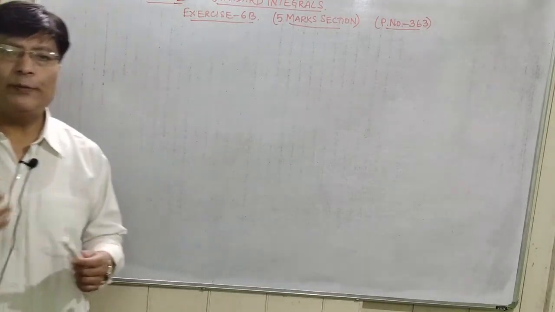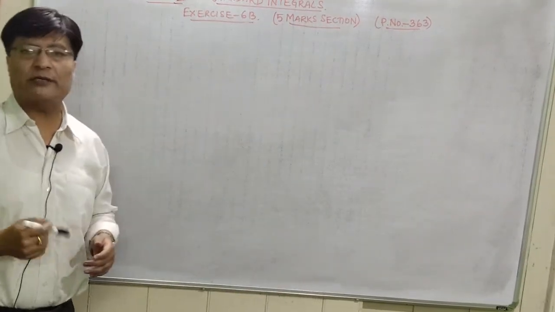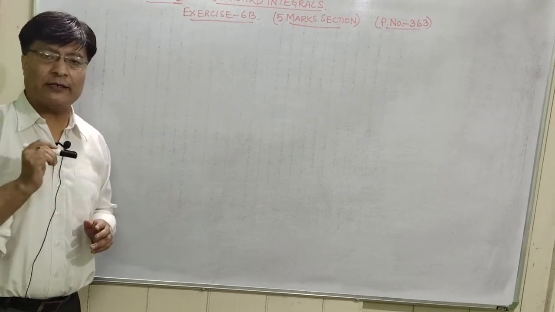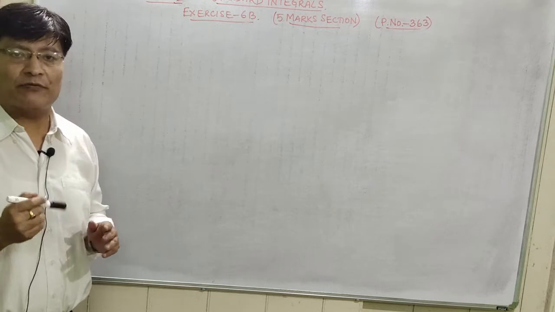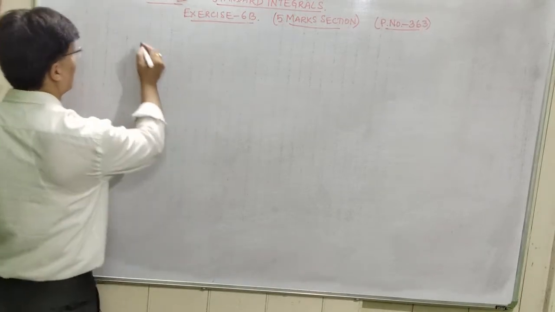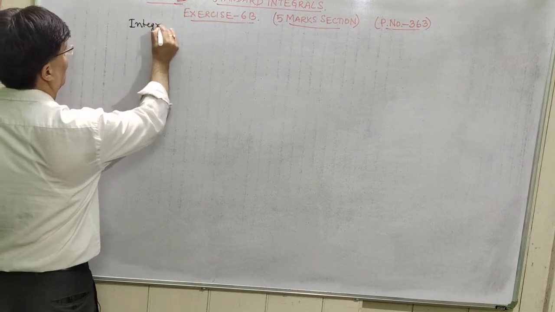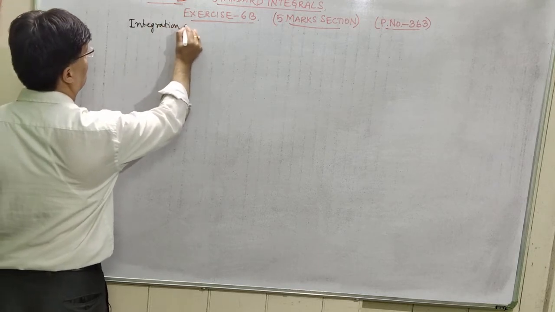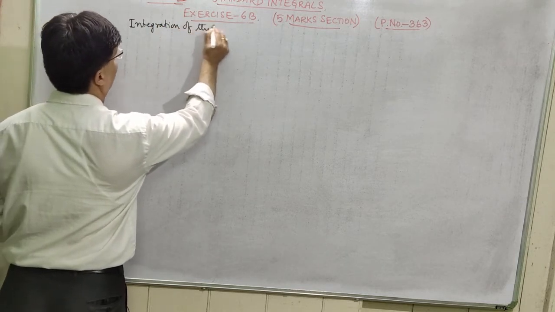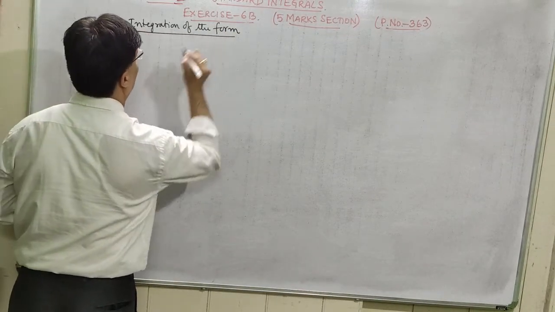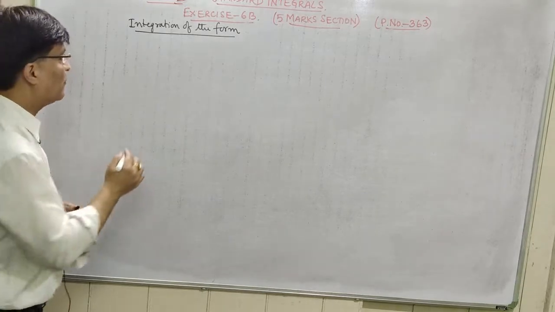So now we will do some methods of integration. There are two methods for integrating an integration of the form, so let us write down the method for integration of the form.